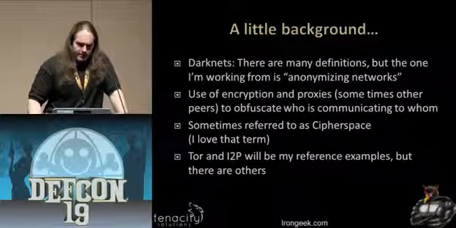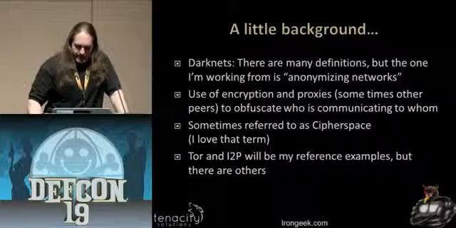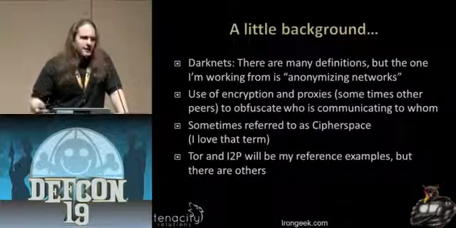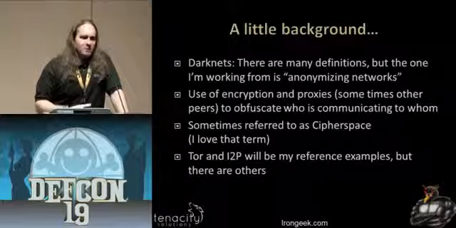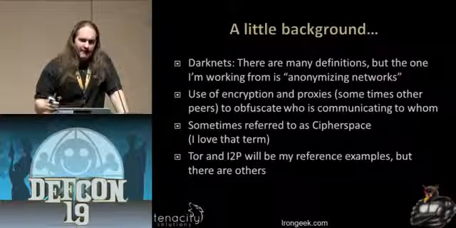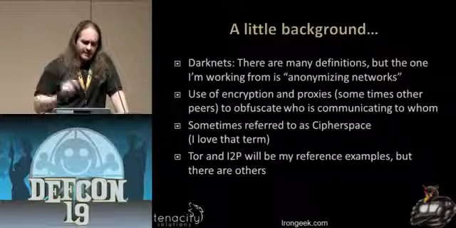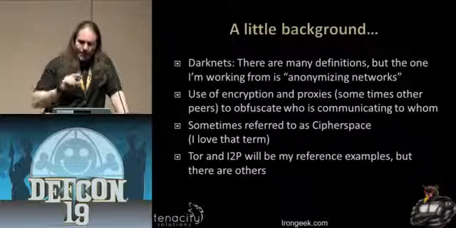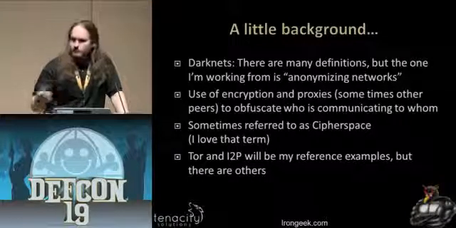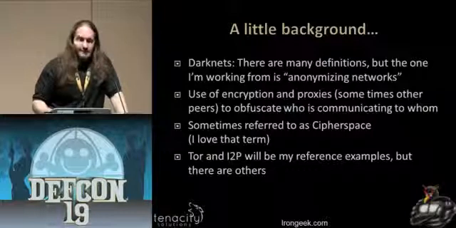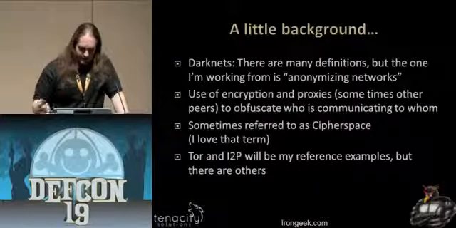The two I'll be using as reference examples are, of course, Tor and I2P, but there's a lot of other ones, and some of the attack strategies that we're talking about here are very academic, and there are actually mitigations in place in both Tor and I2P to hopefully make them not be nearly the size of the problem that they could be.